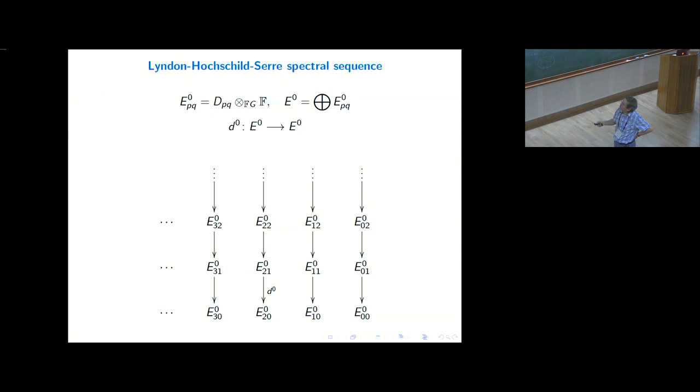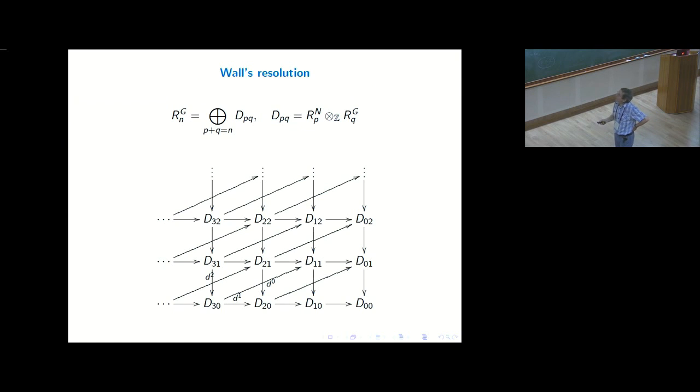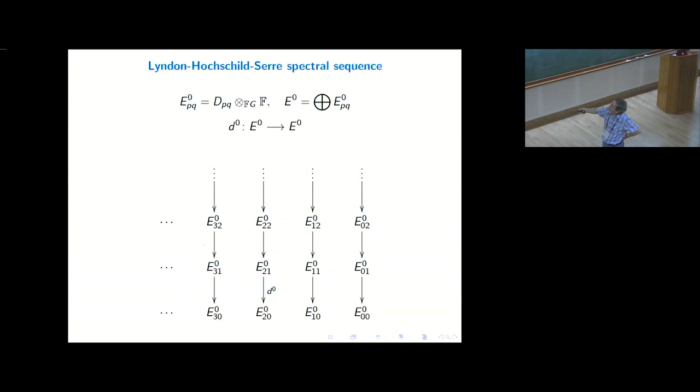So I get all these E_pq^0s, and from the construction that I have on the computer, Wall's resolution, I've got all of these arrows that we've built on the computer. They're just the resolutions. They induce arrows on the E^0s. And the collection of all those arrows, shorthand, I'm just going to call d^0, which goes from the direct sum of all the E's to the direct sum.